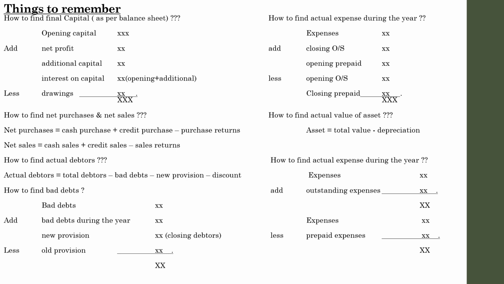Even though you are familiar with the trading, profit and loss account and balance sheet and it is very easy, you have to make necessary changes in the information given in the question in such a way that you prepare certain ledger accounts. We have learned about some of the important ledger accounts that have to be prepared in each of these cases. So let us deal with that.